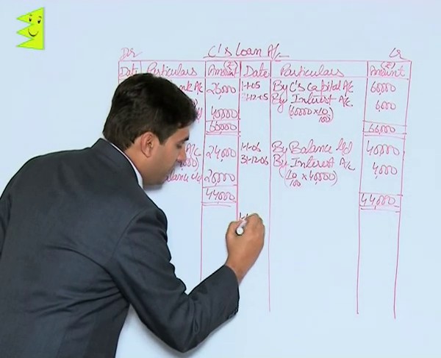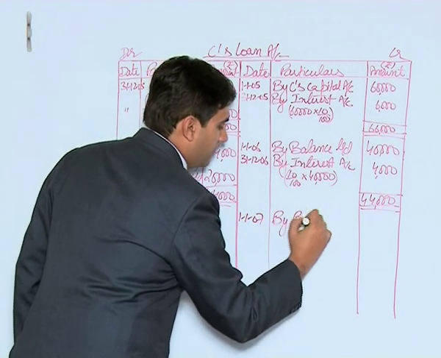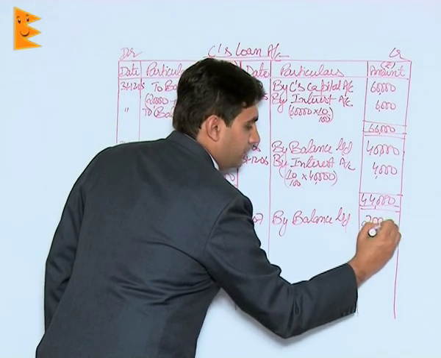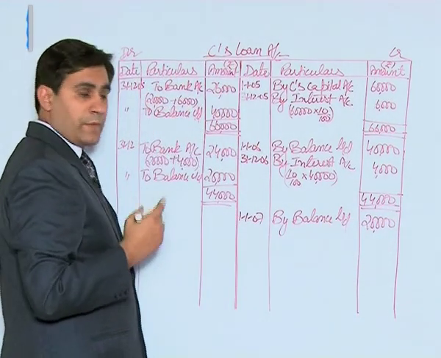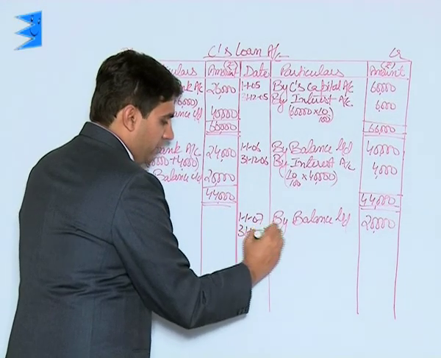So the date would be 1st January 2007 by balance brought down 20,000. Again, the same process would be repeated at the end of this year.